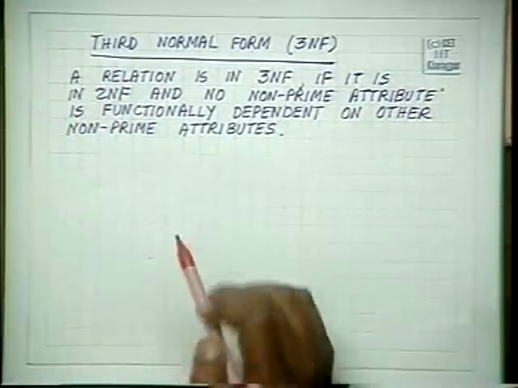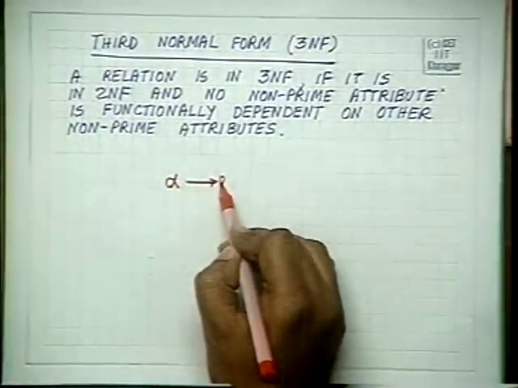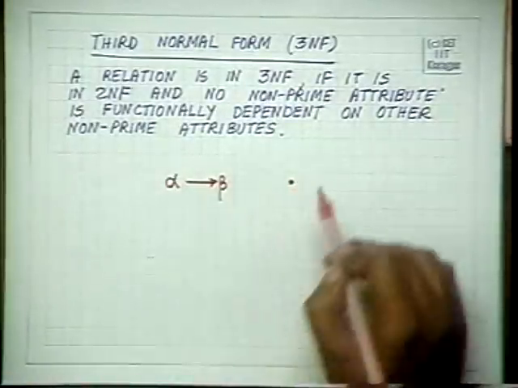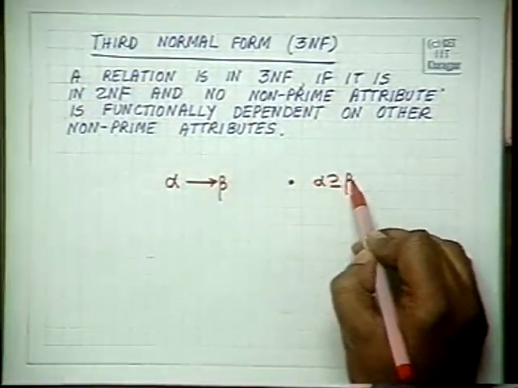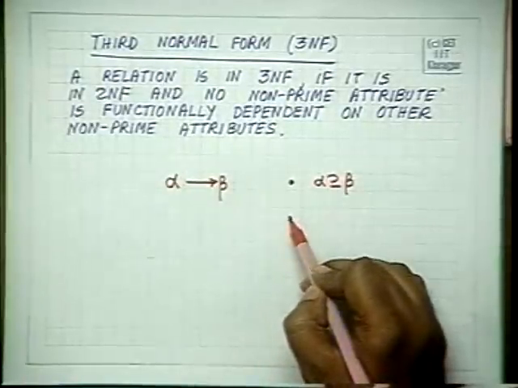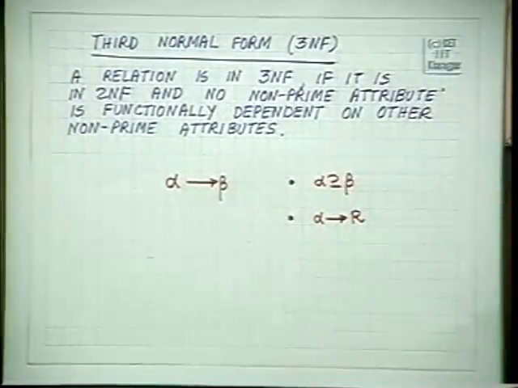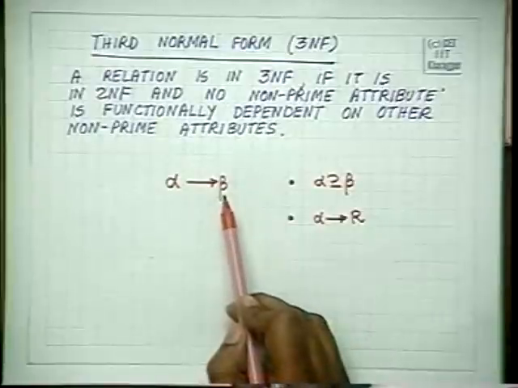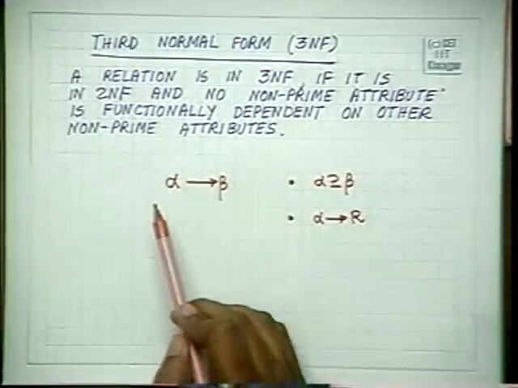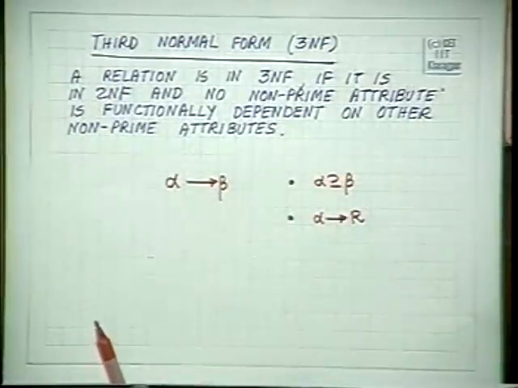That means that if you take alpha to beta, then in second normal form, either alpha is a superset of beta, this may hold, or alpha may give R. If alpha gives all of the relation, then obviously beta is fully functionally dependent on alpha.